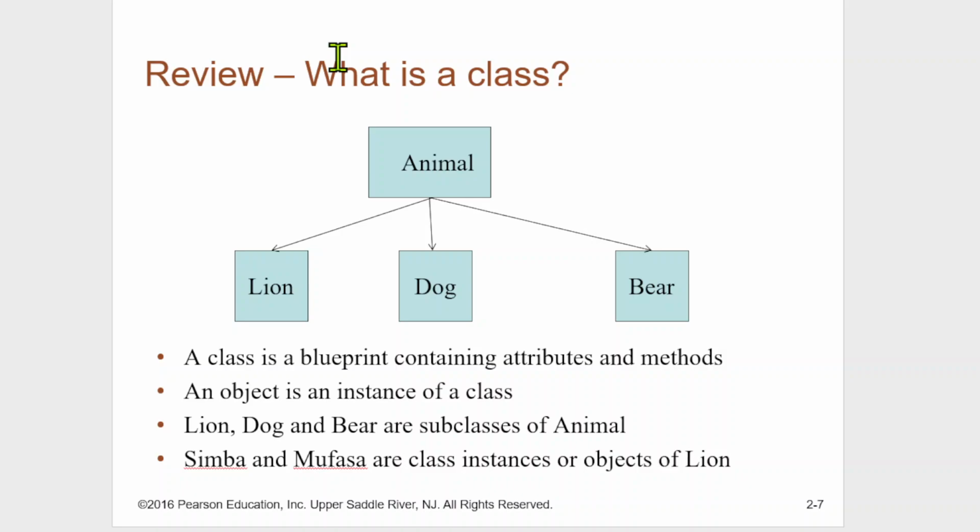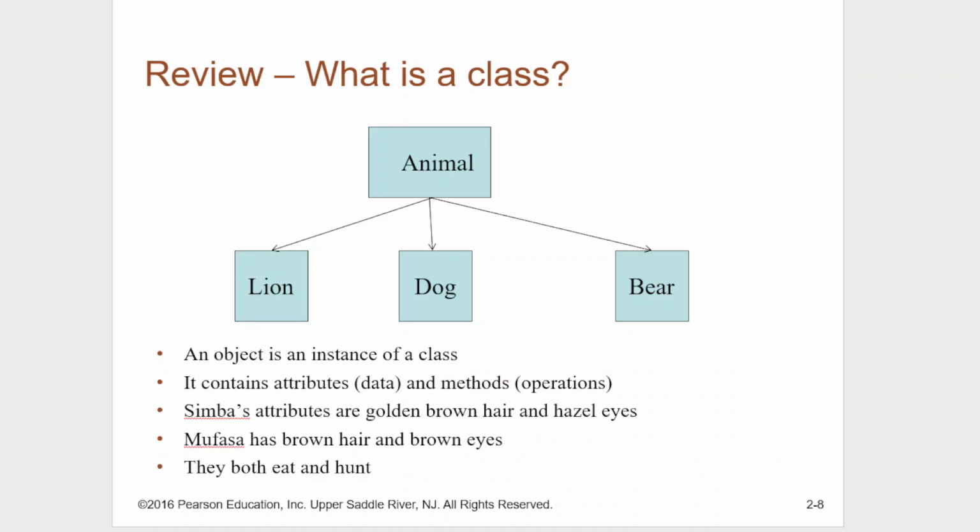If we thought about Simba and Mufasa from The Lion King, they would be instances or objects of lion. So they would be instantiating the class that is lion. An object is an instance of a class. These terms are so weird, but it's an instance. That's the version you're going to use.